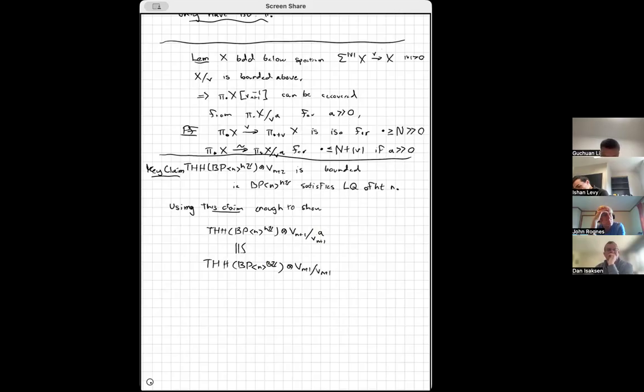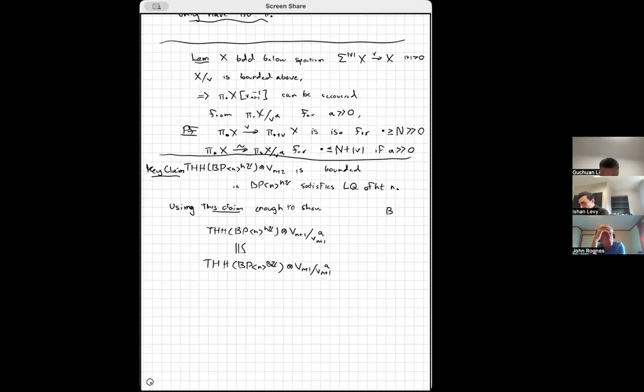So there's a ring that acts on both of these objects. If you take any ring and take the fixed points by some Z action, there's a map from the fixed points of the sphere by the trivial Z action. So S to the BZ maps to this, and it acts on this ring.